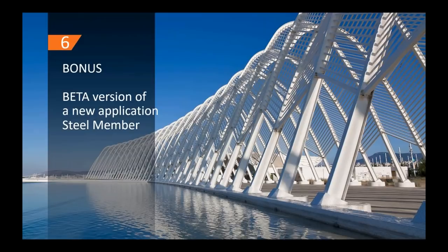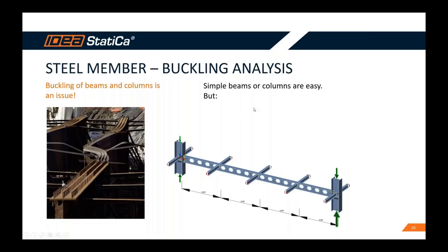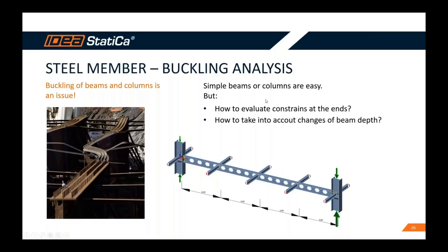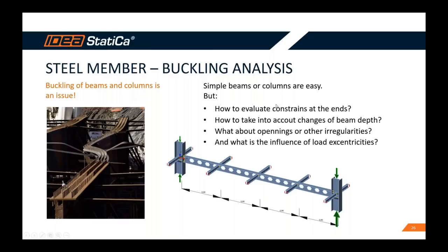In version 10, there's a possibility to test the beta version of our new application called IDEA StatiCa Steel Member. Why did we develop it? It is relatively easy to code check and design simple beams and columns, but it gets very interesting in evaluating constraints at the ends, changes of beam depths, all the openings, irregularities, load eccentricities. And buckling is an issue.